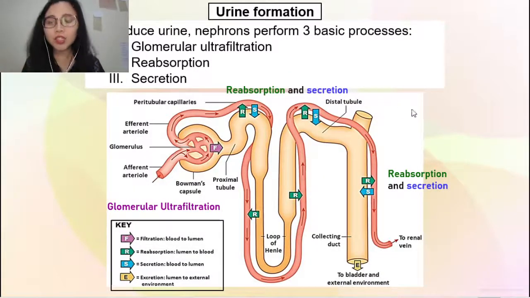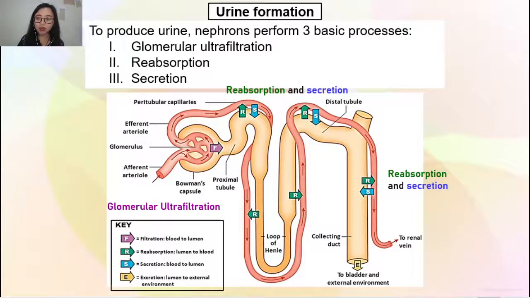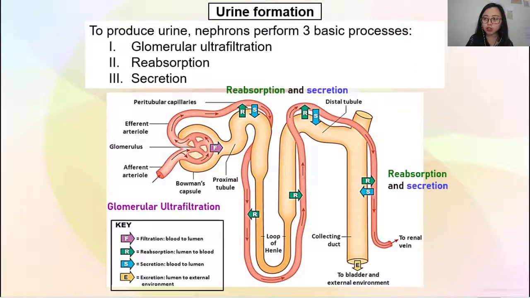Okay, so it involves three basic processes. This is a diagram that you can use as a reference. This is what your nephron looks like in case you forgot. So there will be glomerular ultrafiltration, ataupun kalau kamu tidak tulis glomerular, tulis ultrafiltration saja pun tidak apa, itu akan berlaku di glomerulus.